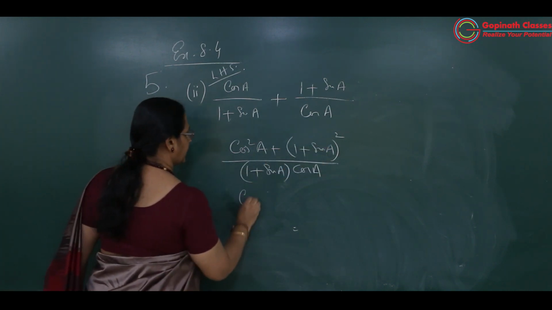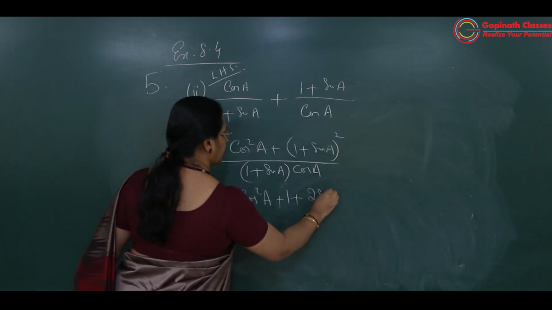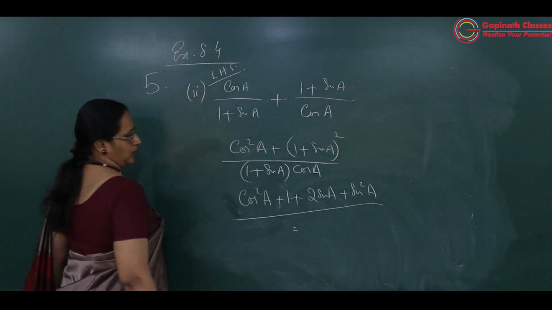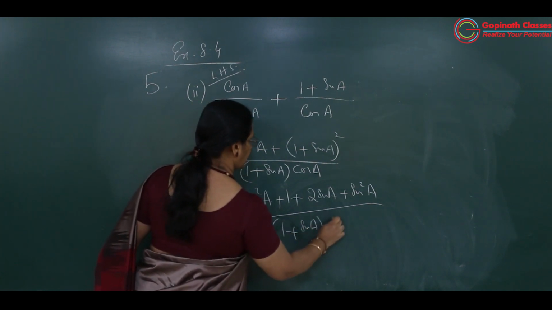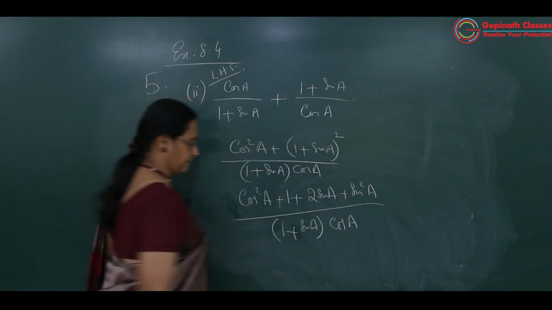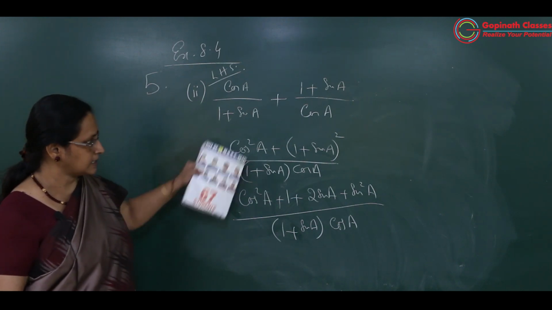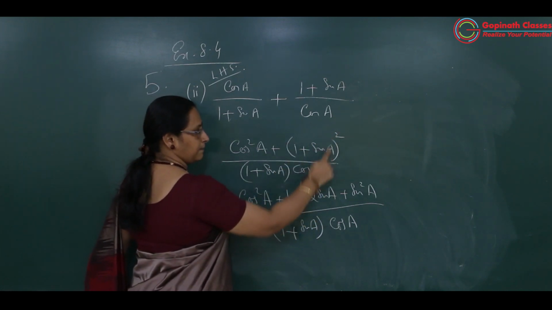So, let us open the bracket. Cos square A plus 1 plus 2 sin A plus sin square A whole upon 1 plus sin A into cos A. I have not done anything, just cos square A as it is, applied A plus B the whole square, A square plus 2AB plus B square.